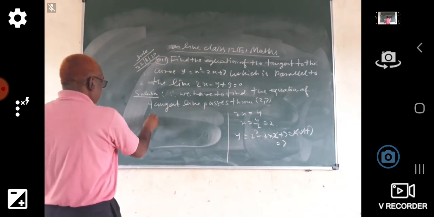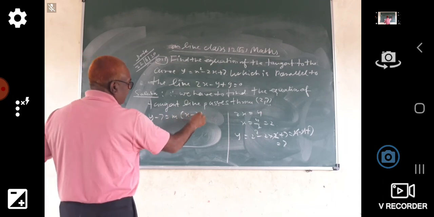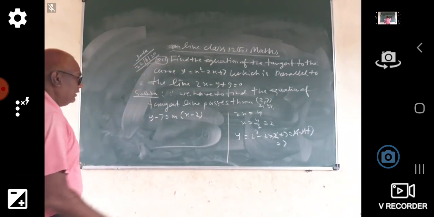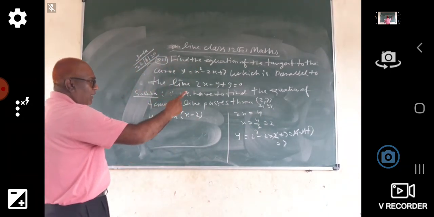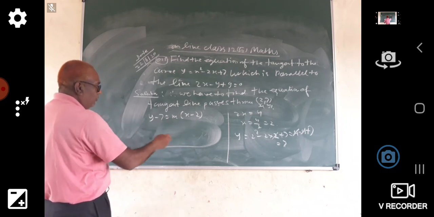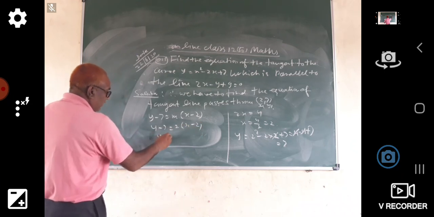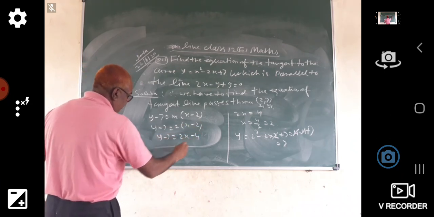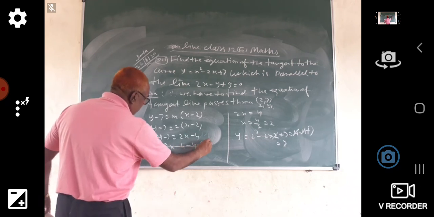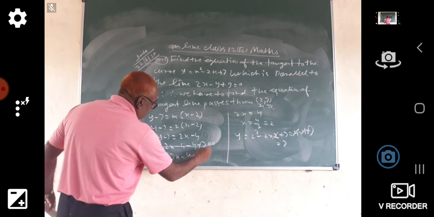So y minus y1 is equal to m into (x minus x1), where x1 is 2 and y1 is 7. Since both gradients are equal, therefore m is equal to 2. So y minus 7 is equal to 2 into (x minus 2). Then y minus 7 is equal to 2x minus 4. Then 2x minus 4 minus y plus 7 is equal to 0. Then 2x minus y plus 3 is equal to 0.